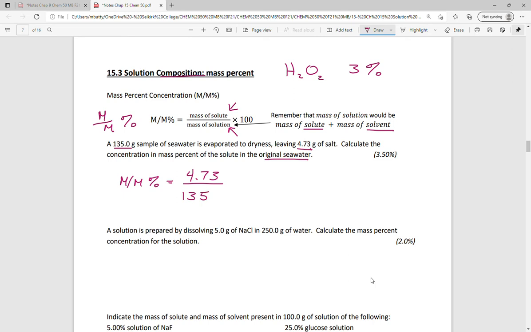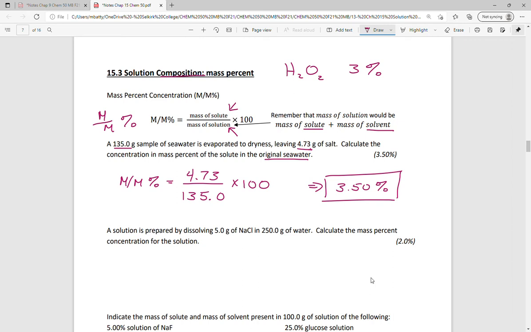The whole solution, solvent and solute, times 100. If I crunch the numbers, I'm going to correct this to 3 sig figs, or 3.50%. So that's a 3.5% salt solution. That's what we'd say the seawater is.